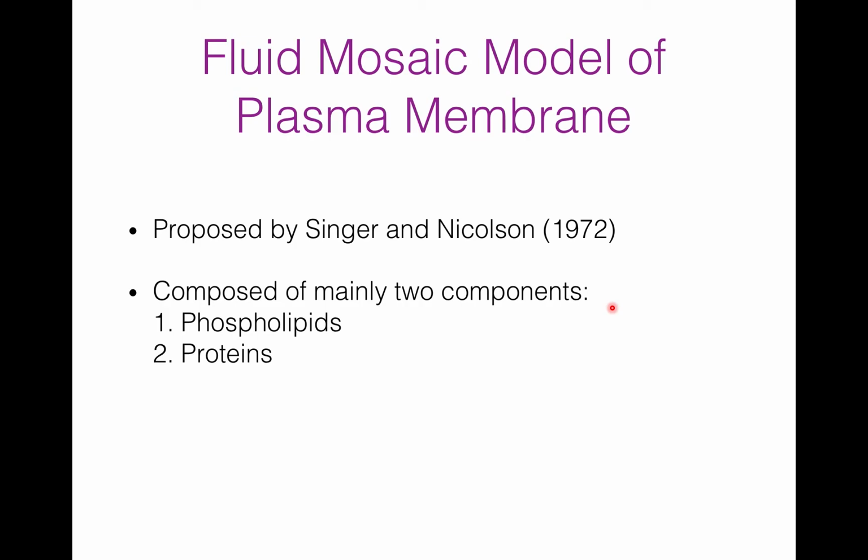Actually, it is based on the information gathered from chemical analysis and biophysical properties of plasma membrane, and it is one of the most accepted models. According to this model, plasma membrane is formed of protein icebergs in a sea of lipids.